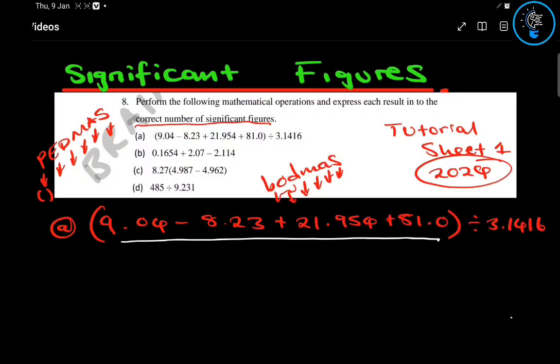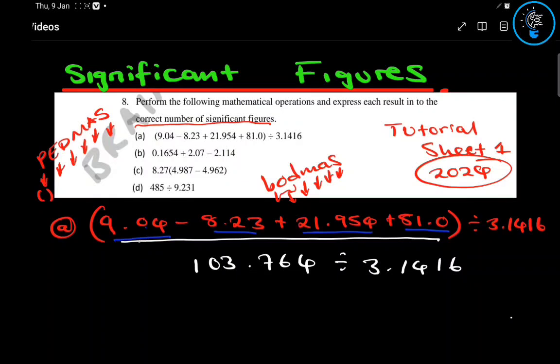And that will give us a value of 103.764 divided by 3.1416. Okay, now what you need to do is come to this stage and state the number of significant figures of each factor in this particular part of this question.